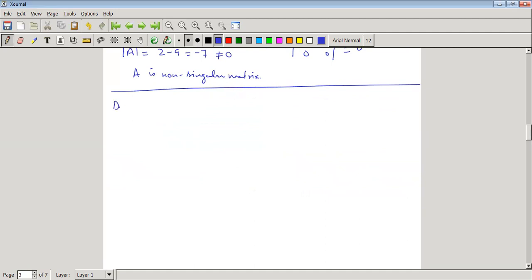So the next definition is definition number 5: non-singular transformation.